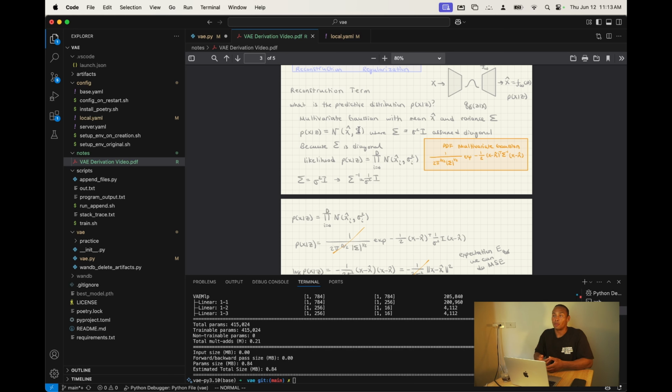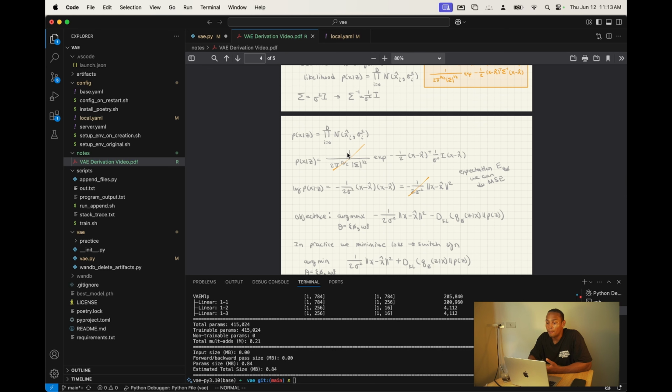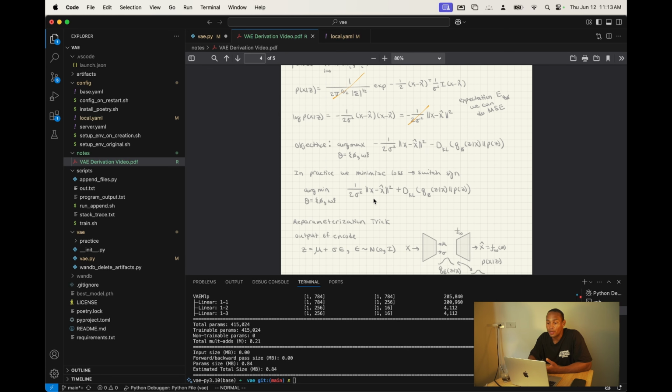When we were calculating the likelihood, we took the log of the product, which becomes a sum of the log of a Gaussian, which when you do the math turns into the mean squared error loss.